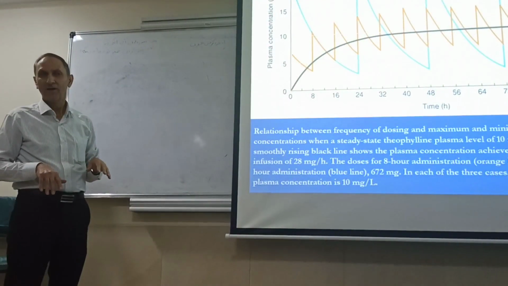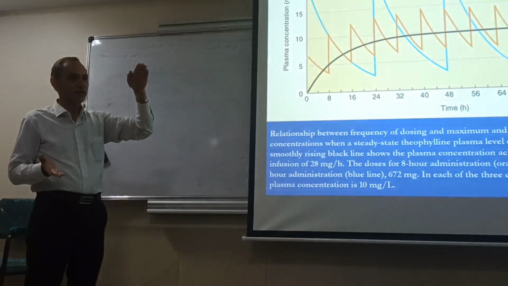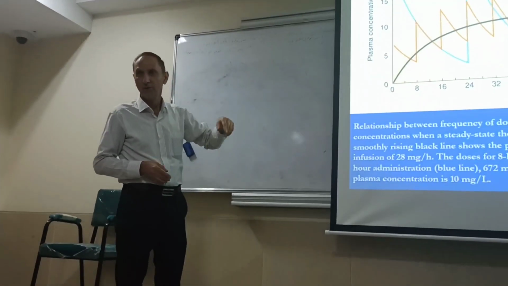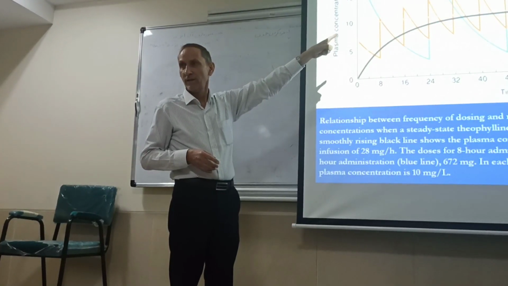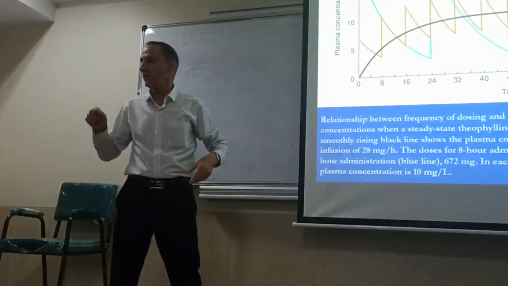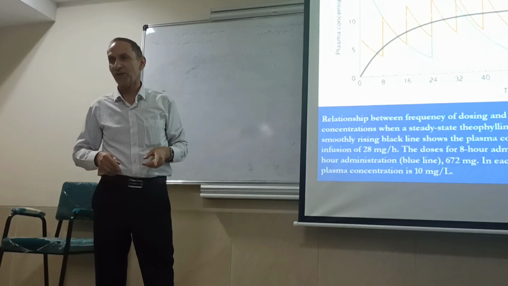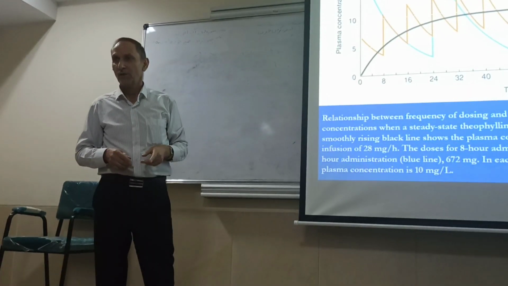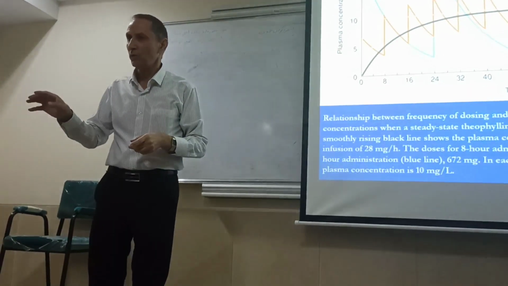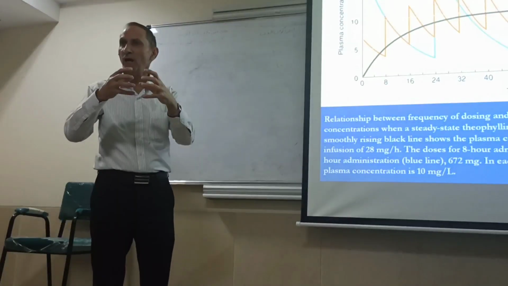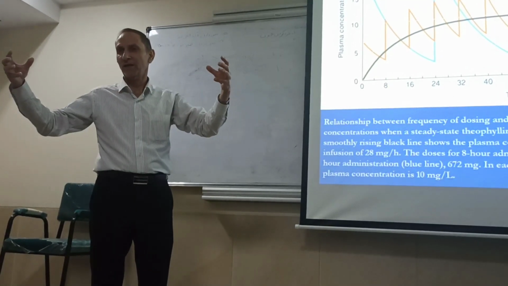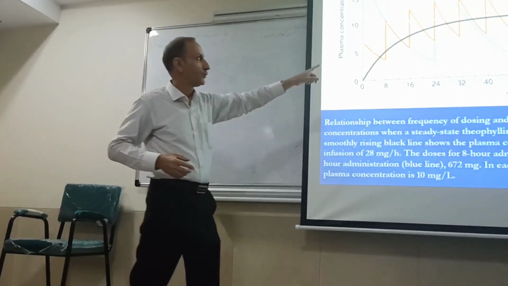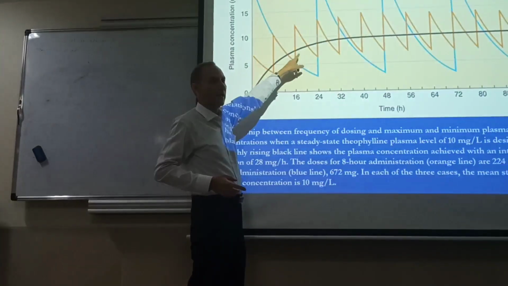Fluctuations are very wide and it may be very dangerous. At some times we may reach toxic concentration. So you are not allowed to combine the drug and use a longer interval. You should use this pattern.